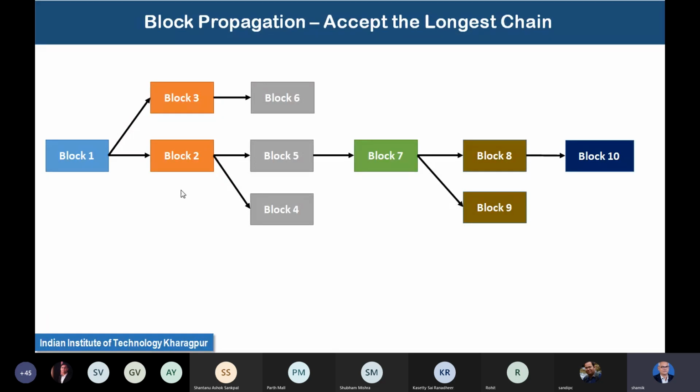So the whole point of propagating the block is that only the longest chain will prevail. Although these two miners mined block 2 and block 3 simultaneously, because block 2 finally persists, only the miner who mined block 2 will get the block reward.